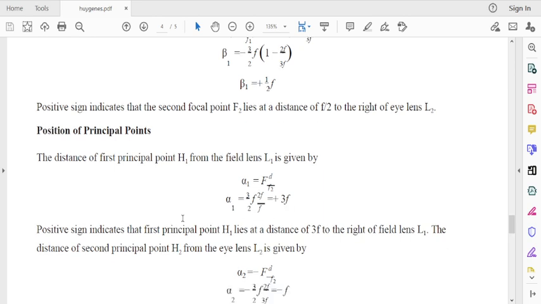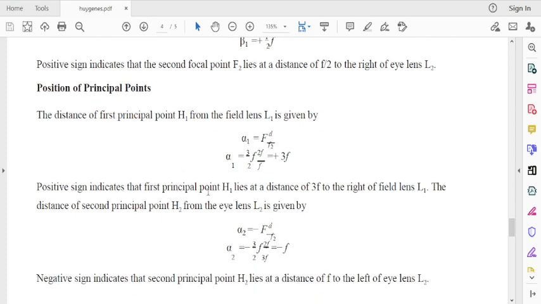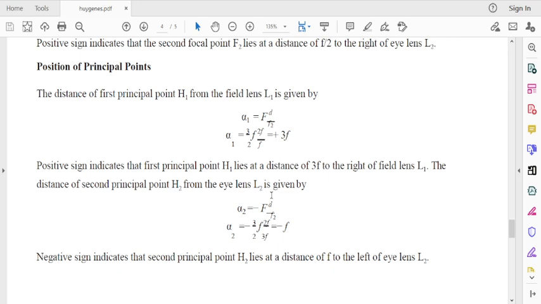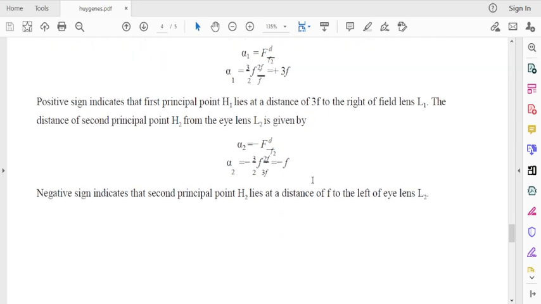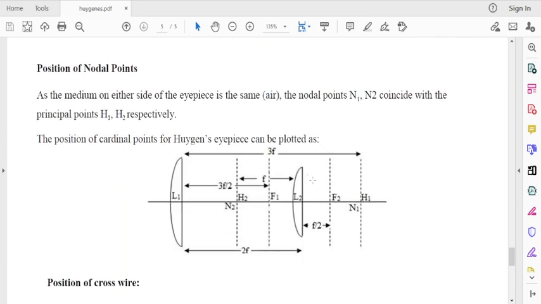Again the positive sign indicates the first principal point H1 lies at a distance of 3f to the right of field lens L1. This is the field lens, and this is the first principal point H1.